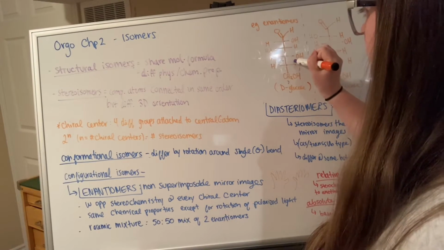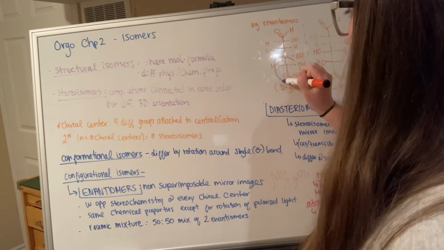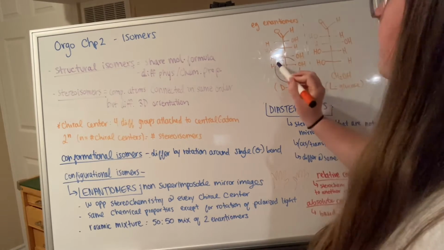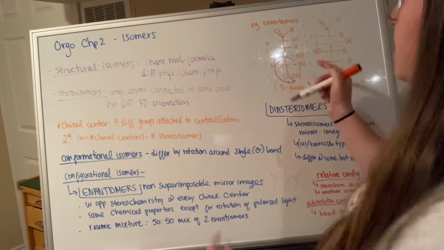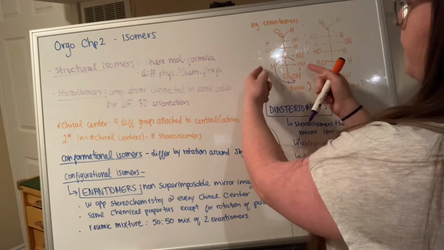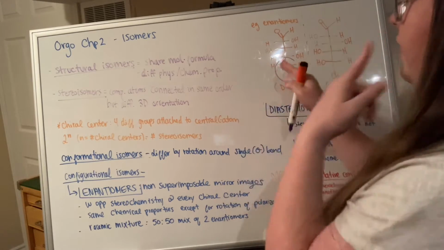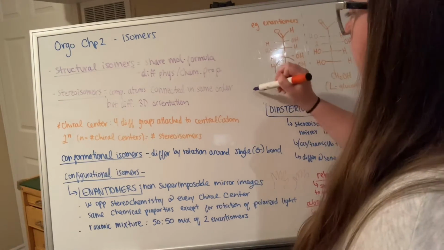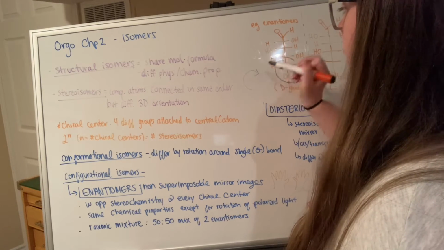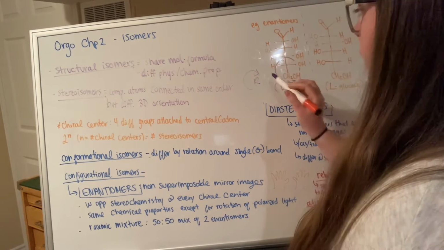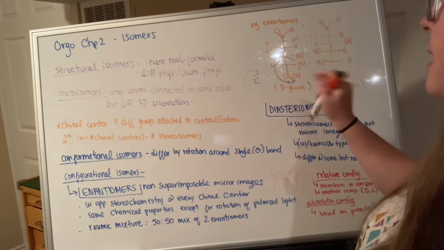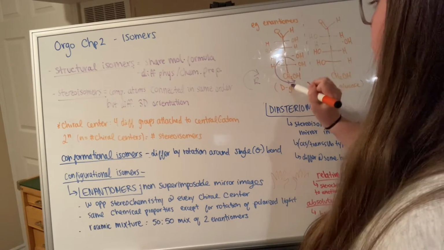So we would be going 1, 2, 3, this way. However, because the hydrogen is on the horizontal here, that means we would flip it. So technically, this would be an R configuration.